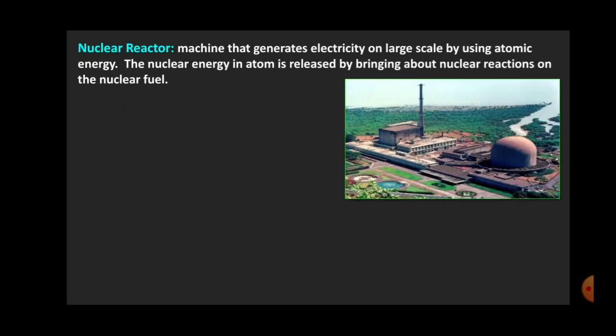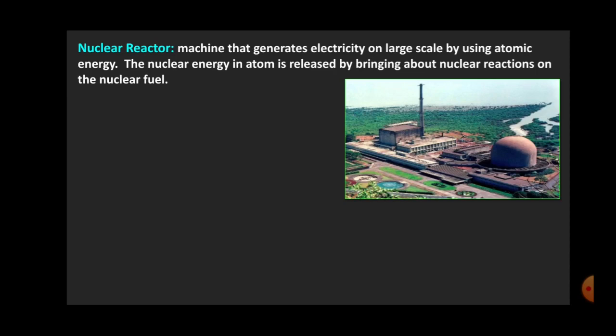Next is nuclear reactor. Now, what is a nuclear reactor? It is a machine that generates electricity on a large scale by using atomic energy. The nuclear energy in the atom is released by bringing about nuclear reactions on the nuclear fuel.